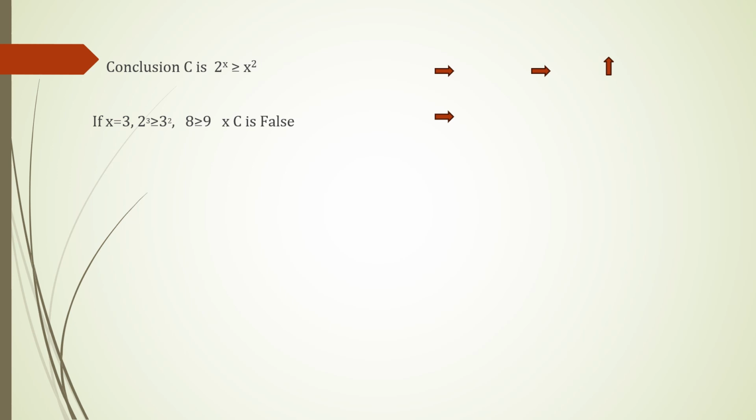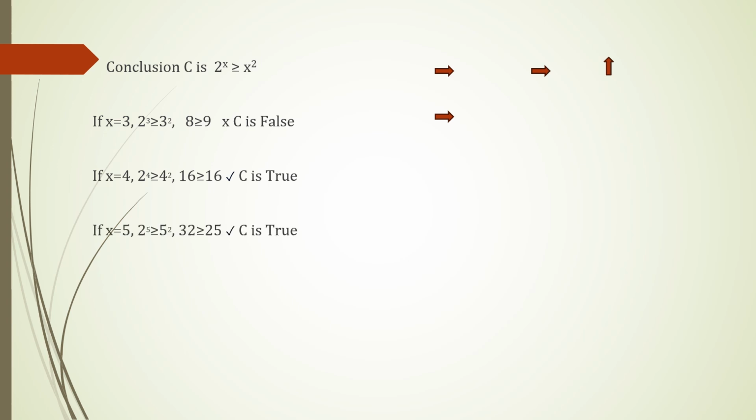According to the hypothesis, x is greater than or equal to 4, so we can take values from 4 and above. Next let us substitute x is equal to 4. 2 power 4 greater than or equal to 4 power 2, which is 16 greater than or equal to 16. This is satisfied, so the conclusion is true.